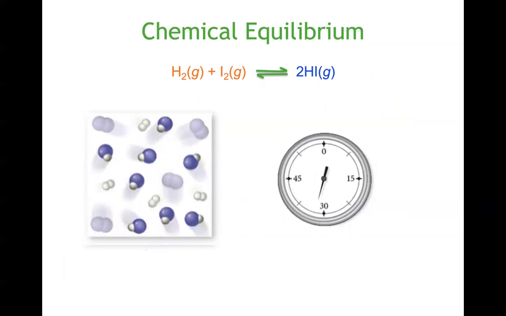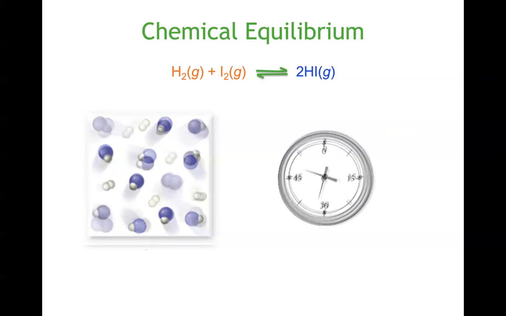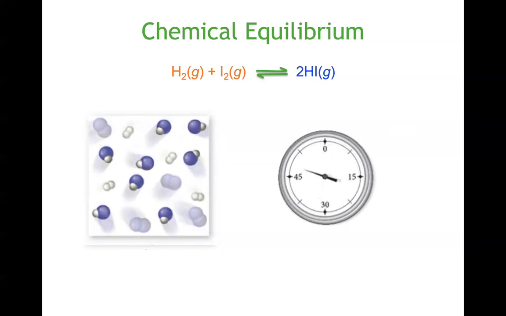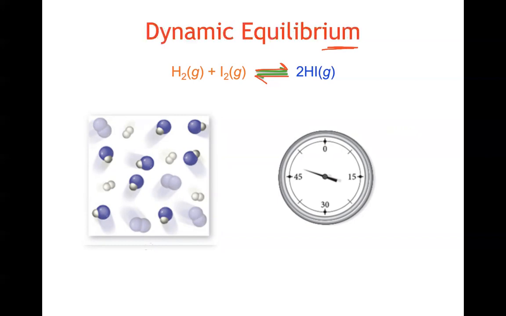At 35 seconds, reactants are still being converted into products, but over time it's going to reach equilibrium. So the reactants are being turned over into product, the product is being turned over into reactant, and both the forward and the reverse reactions are taking place, right? And that's at equilibrium. Both the forward and the reverse reactions are actually taking place, and that's what we refer to as dynamic equilibrium.